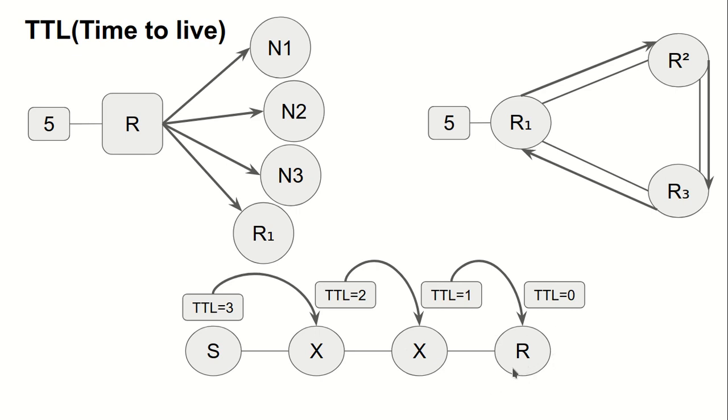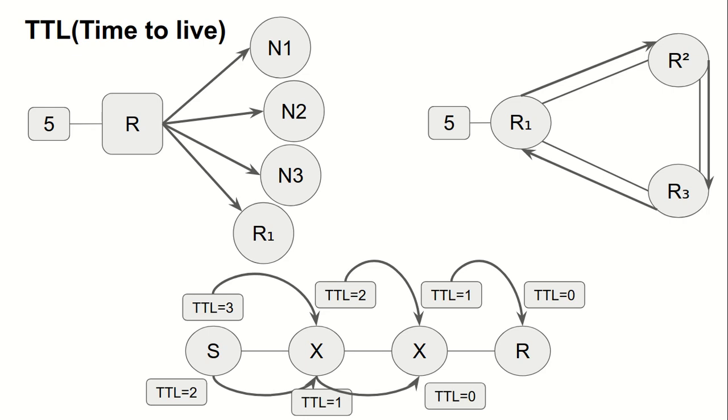Let's take another example. Let's say I have a packet with TTL equal to 2. So in this way it will jump 2 times only. The packet will jump from the sender to the X. This is the first jump, and the TTL is equal to 1. Now it jumps again from X to another X, and the TTL value is equal to 0.